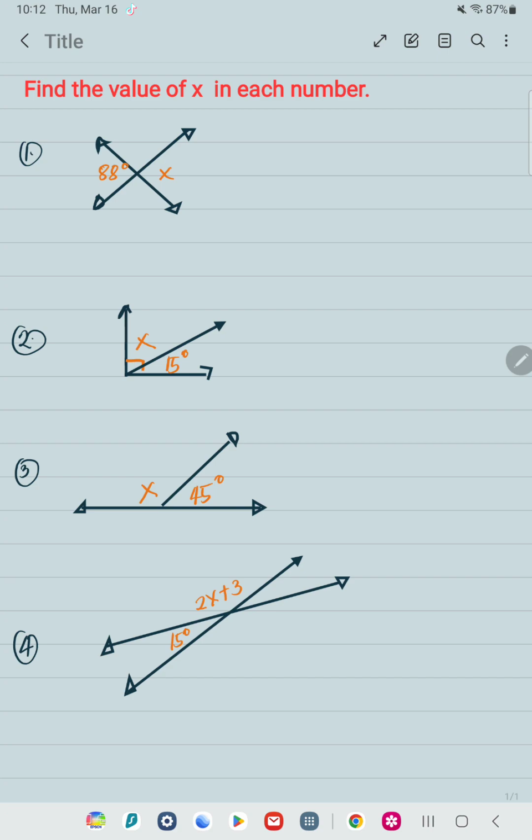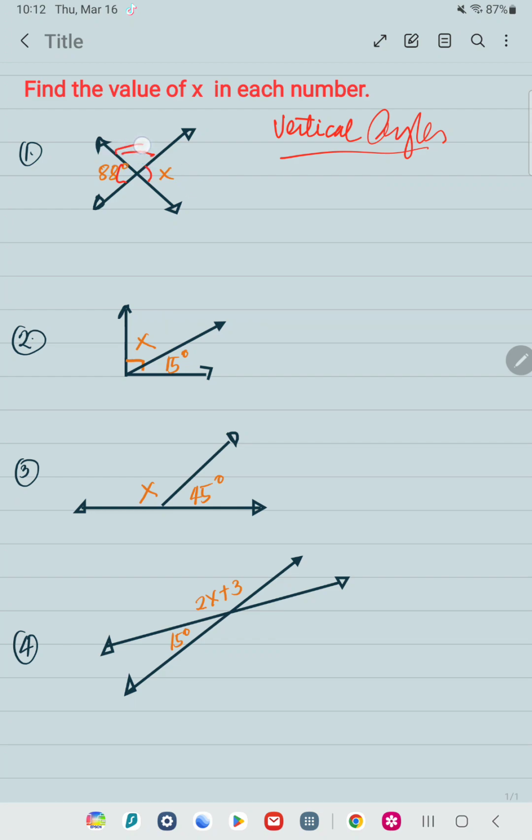So in number 1, the angles here are what we call vertical angles. Vertical angles are formed when two lines intersect each other at a point. The two angles that are opposite to each other are called vertical angles.